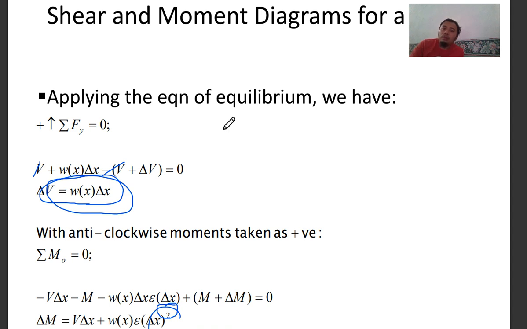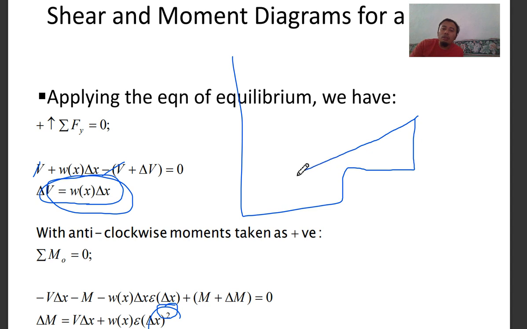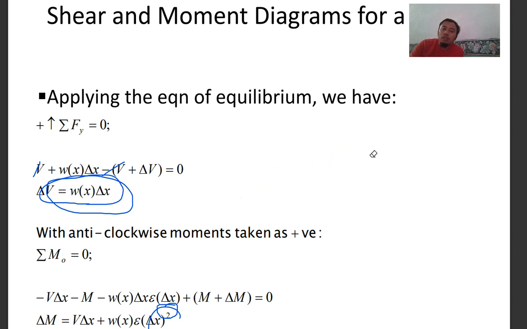If it is a point load, it's like a square graph, going down, a straight graph like this. If it is a distributed load, you get a linear graph. If it has a power of 2, you get a curve graph, because of the nature of loading.